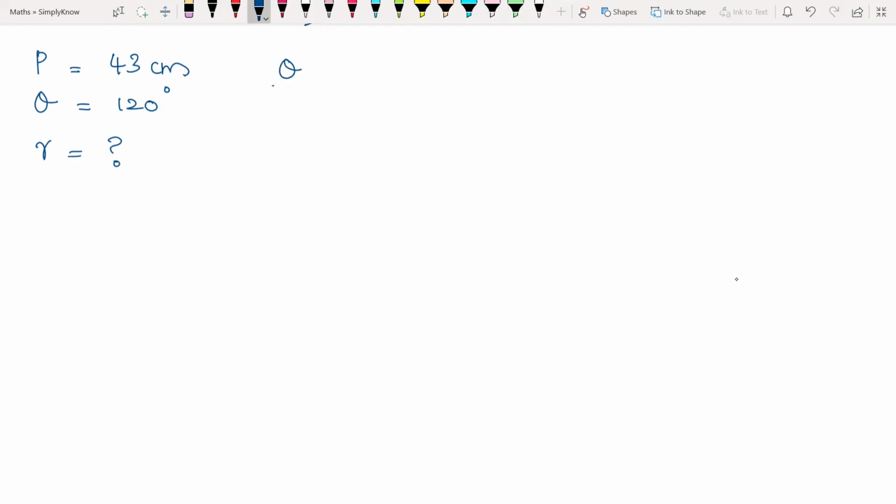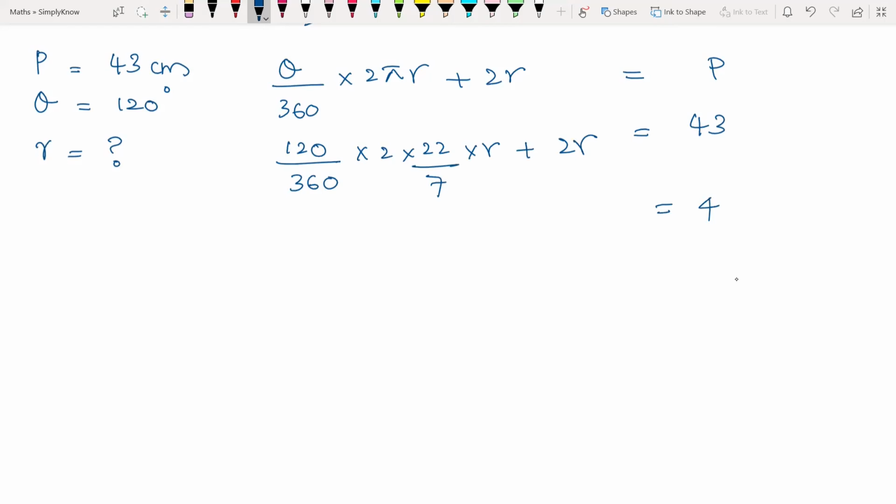So theta over 360 times 2 pi r plus 2r equals perimeter P. So perimeter here is 43, theta is 120. So let's simplify now. So first let's cancel the zeros. 12 times 3 is 36.